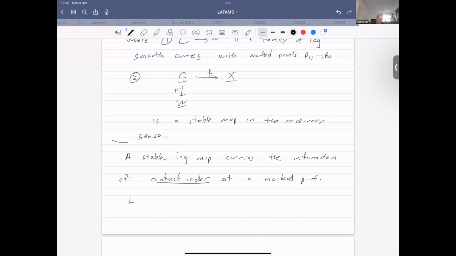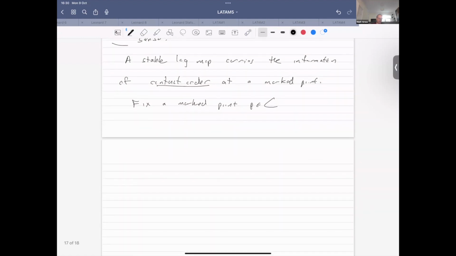So let's fix a marked point P in one of these domain curves and look at the map. So we have a map F flat that's supposed to go from F inverse of M_X to M_C.